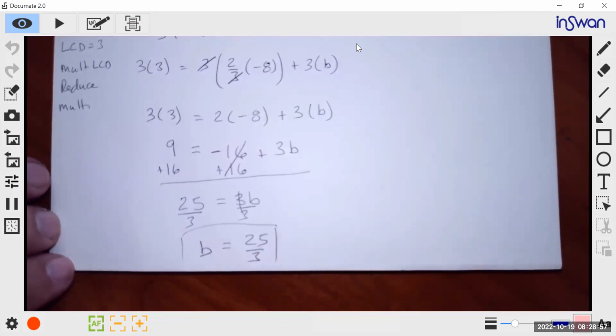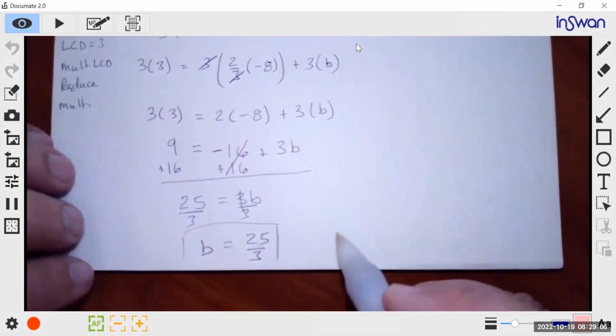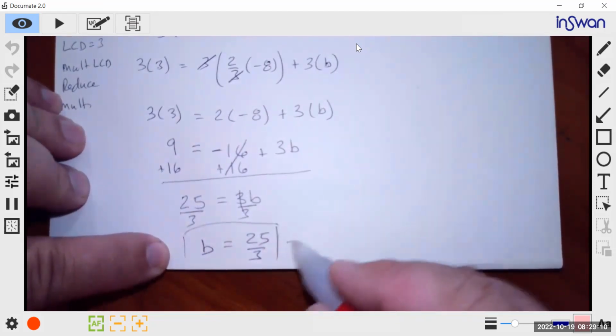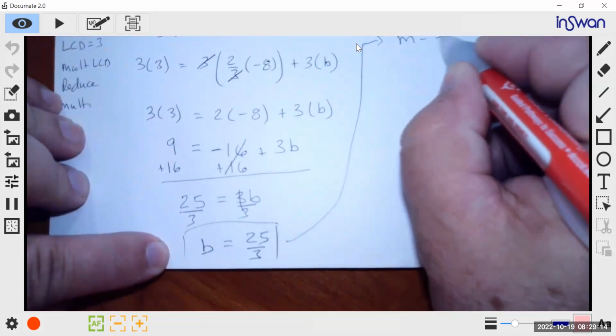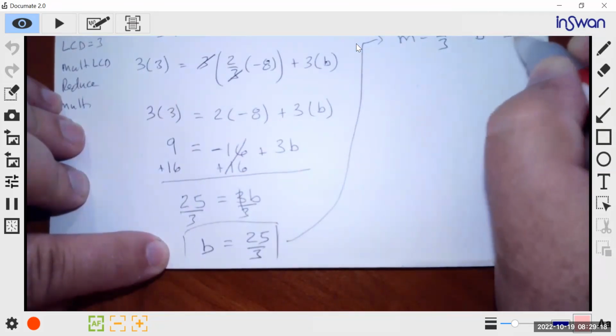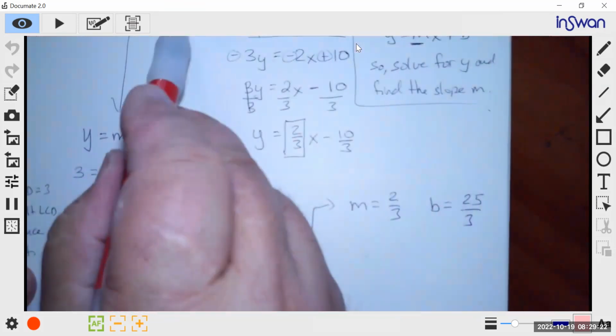I'd leave it at that because it'll make it easier to look at. You could convert it, but I think the computer will take it if you leave it like this. Because I'll show you why. Now, since we have our y-intercept, we have our slope from earlier, which is 2 over 3, and my y-intercept is 25 over 3.